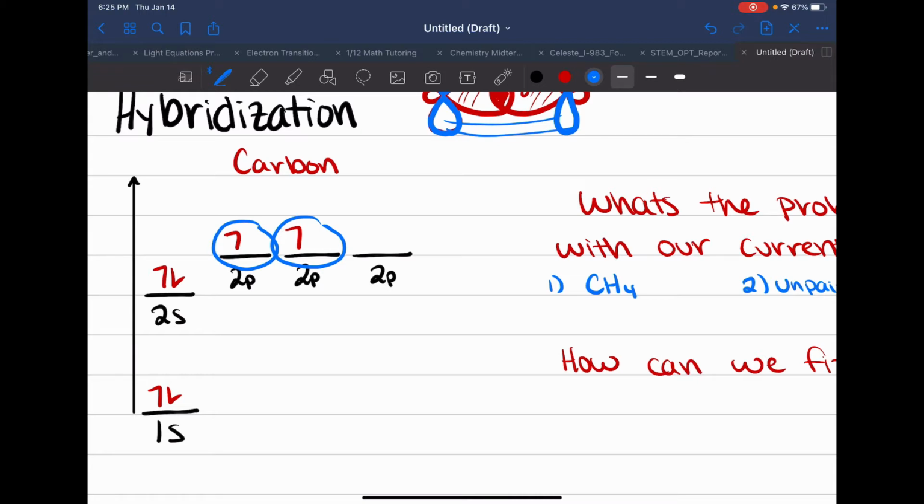We knew that there was something missing because, again, in order for a bond to form, we need 2 electrons to overlap. In order for carbon to make a bond with hydrogen, imagine that this electron and this electron in blue have to come from hydrogen. So how do we get 4 unpaired electrons out of this model?